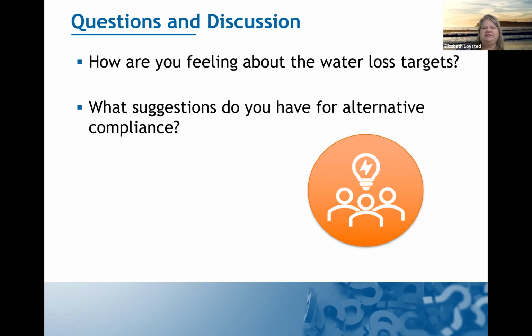The idea would be you put together a plan that says I'm going to implement a leak survey or other things, and even if you don't meet your target, as long as you're following your compliance plan, you would be in compliance with the legislation. But we're looking for information about who would qualify for that, and what kind of components would be in there. So do we have any feedback?